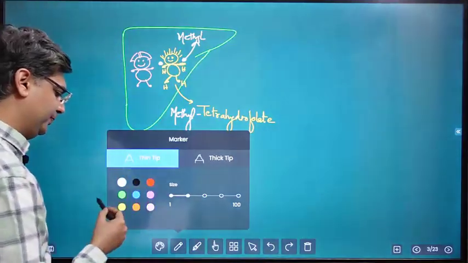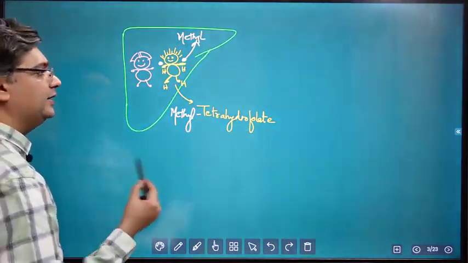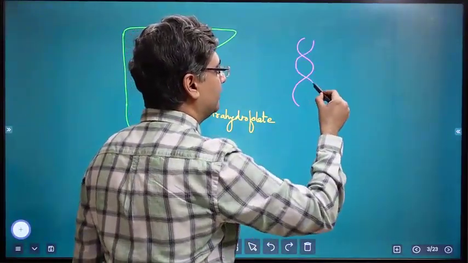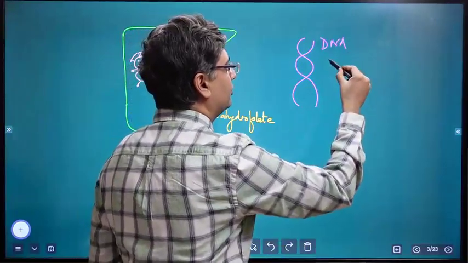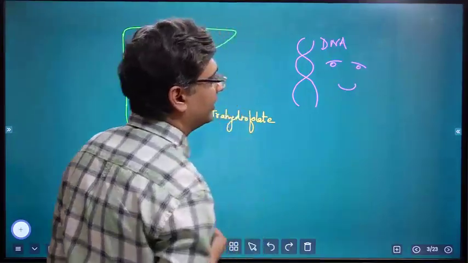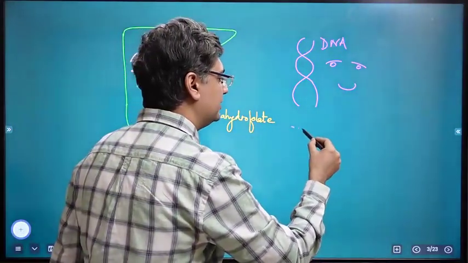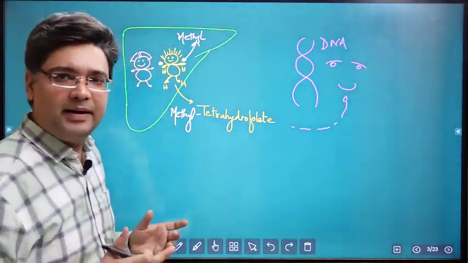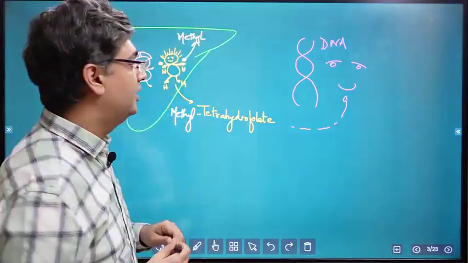This I'll show you. We'll have this DNA, and DNA needs to replicate, right? So the DNA attracts the tetrahydrofolate towards itself and says, come and help me, I am replicating, I am dividing and you are required here.